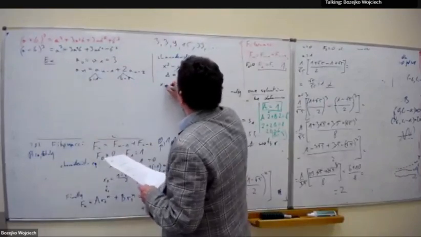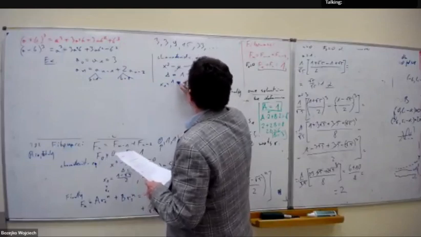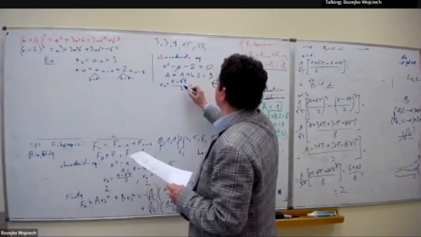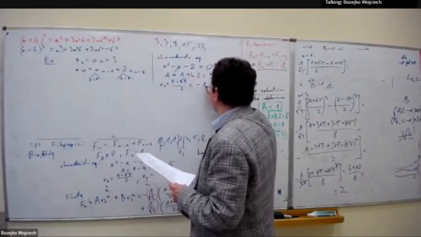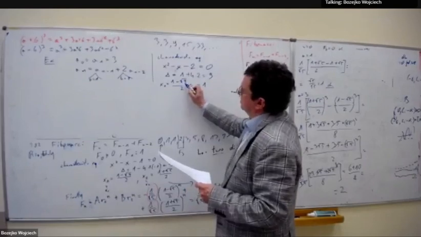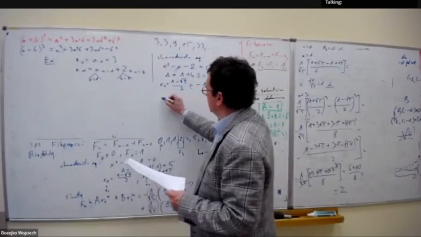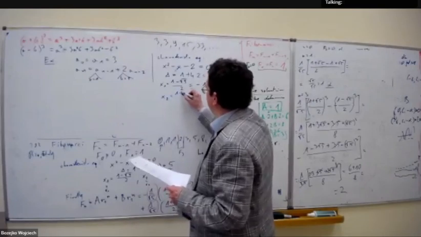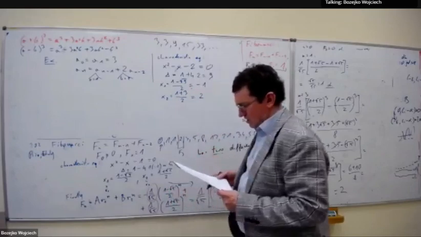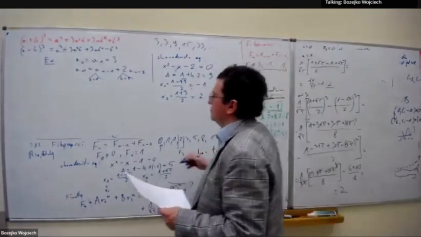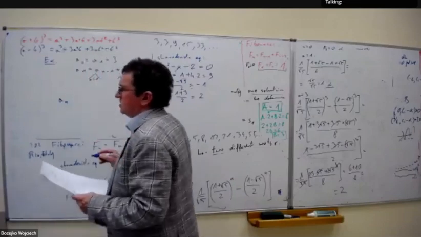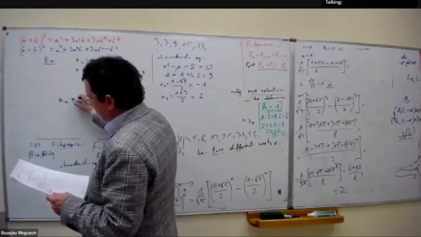So we have x1 is minus b, so this is 1, minus square root of delta, so this is 3, by 2. 1 minus 3 is minus 2, by 2 is minus 1, and x2 is 1 plus square root of delta, so this is 3, so this is 2. That is the general form of the nth element, given by such a formula.